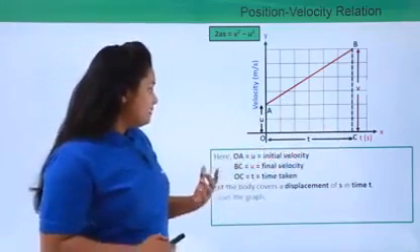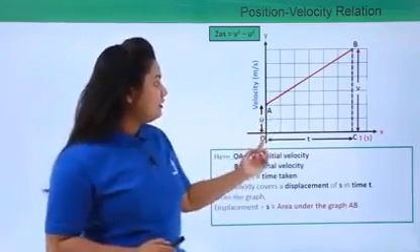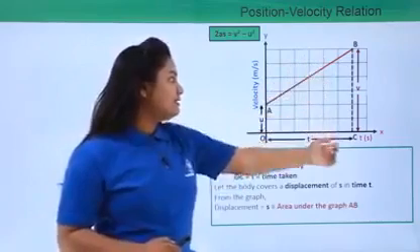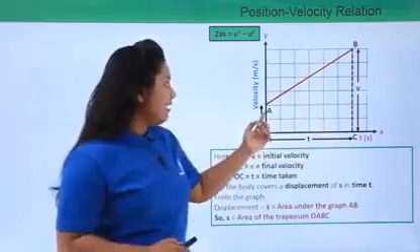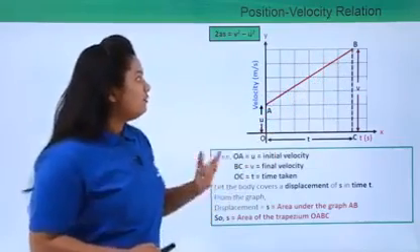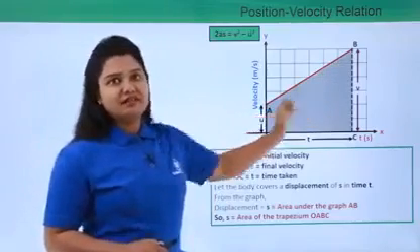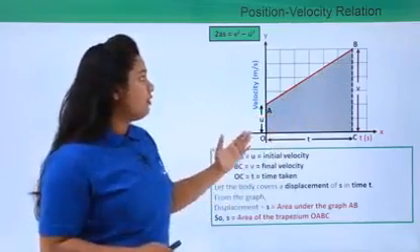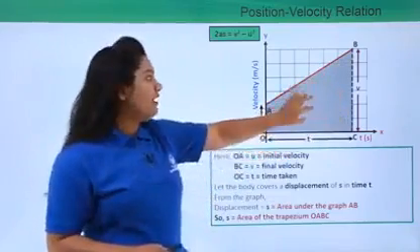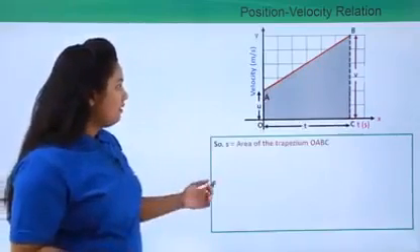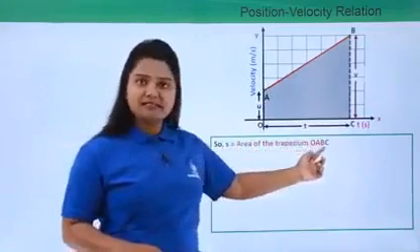Now, the displacement of the body from the graph we can calculate as the area of the trapezium OABC, which is the area under the graph AB. So, it is this area. That is, this area of the shaded region gives us the displacement of the body from point A to point B. So, S, that is the displacement, is given by the area of the trapezium OABC.